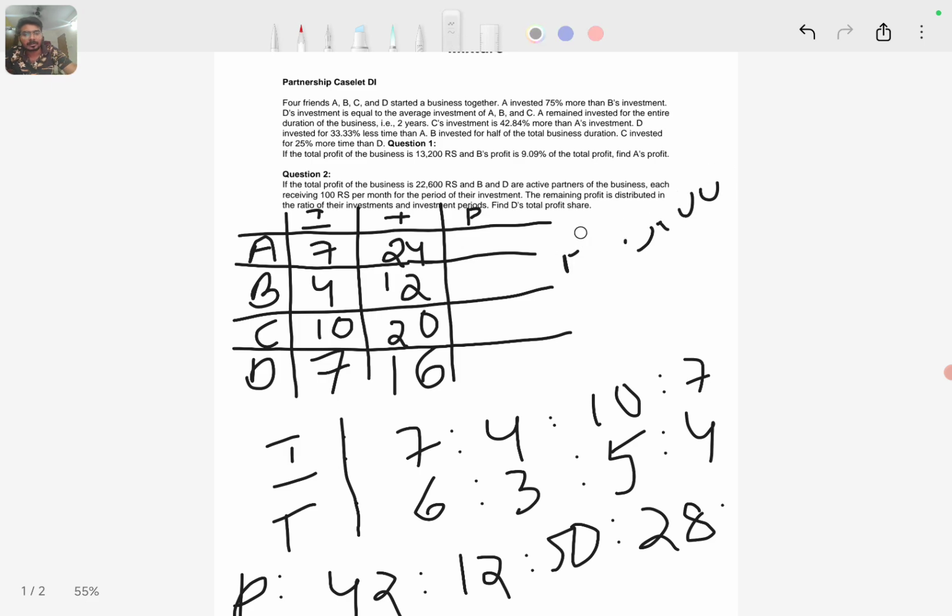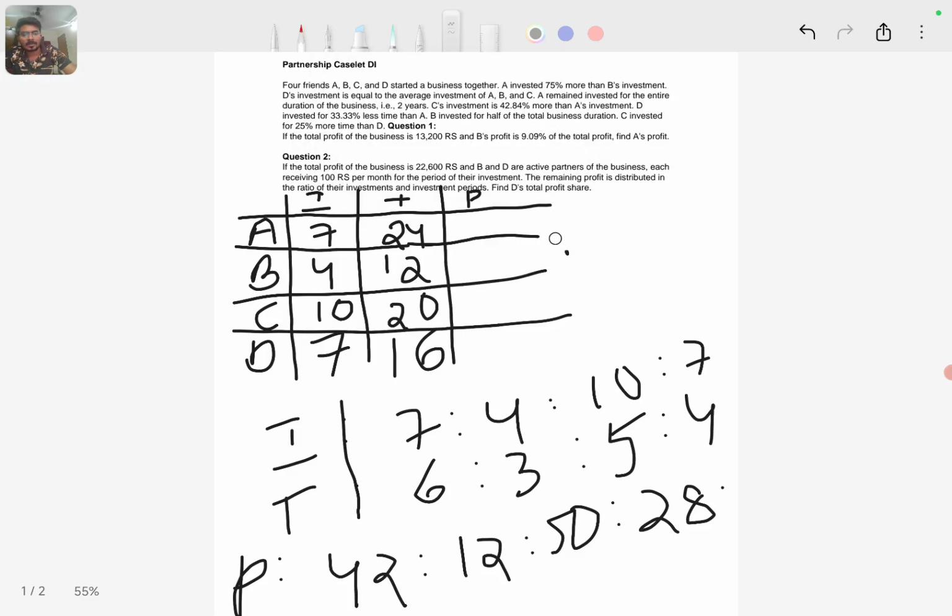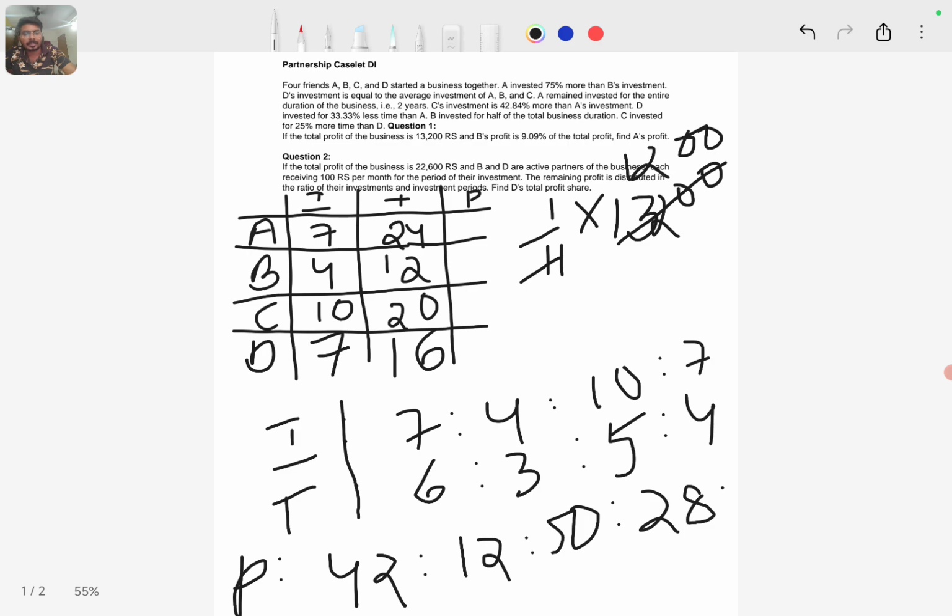So B's profit is 1 by 11 of the total profit, which is 13,200. If I cut with the 11 table, we get 1200 rupees.